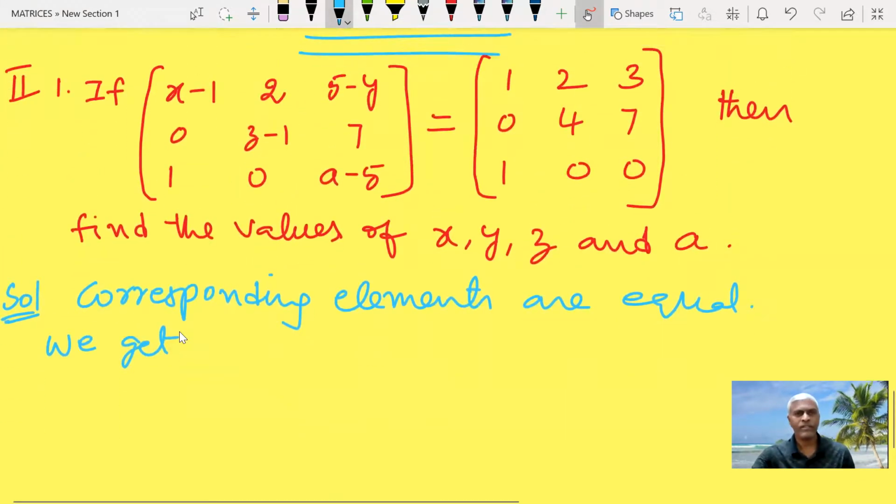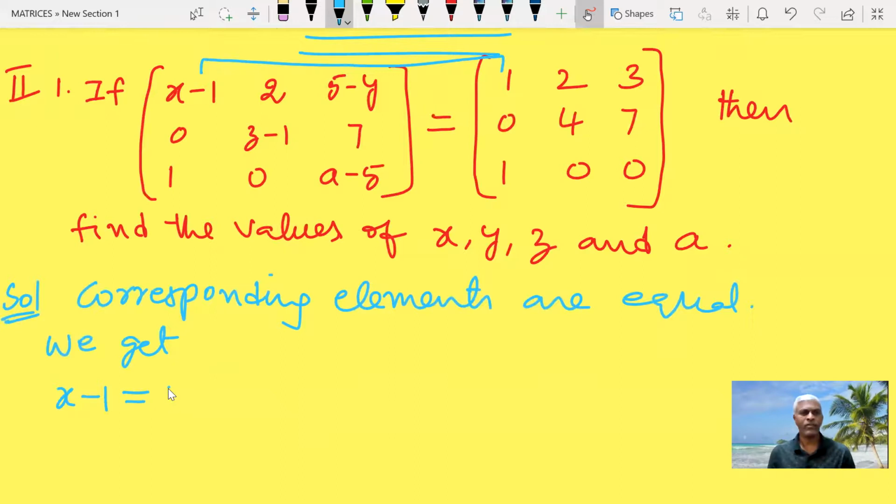here first x minus 1 should be equal to 1. So x minus 1 is equal to 1. So minus 1 bringing to the right side becomes plus 1. So x is equal to 2.